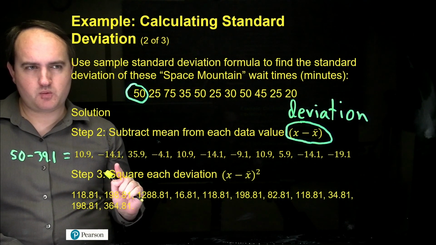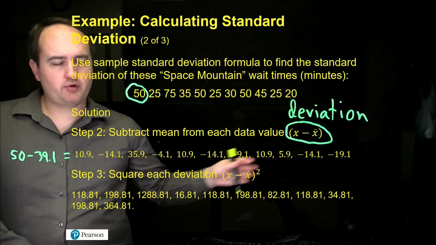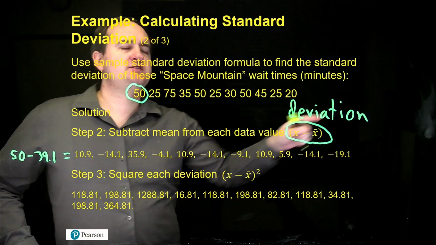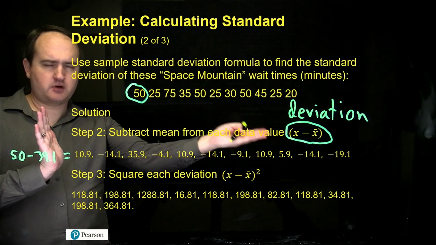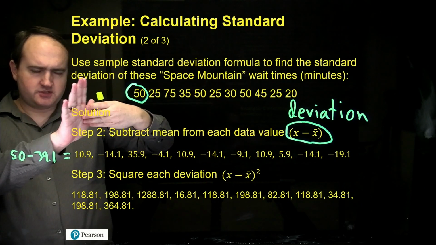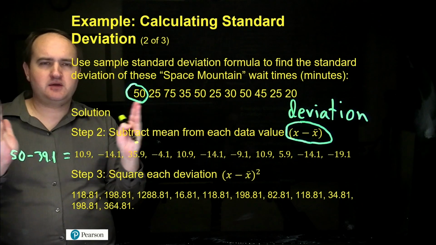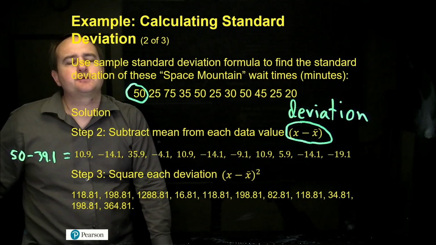Negative 14.1 is the deviation of the second data value, and so forth. So this is just a list of all the deviations. And again, deviation basically just means how far are you from something? Like what's the distance between this data value and the mean? And the way you get that distance is just by subtracting the mean from that data value.